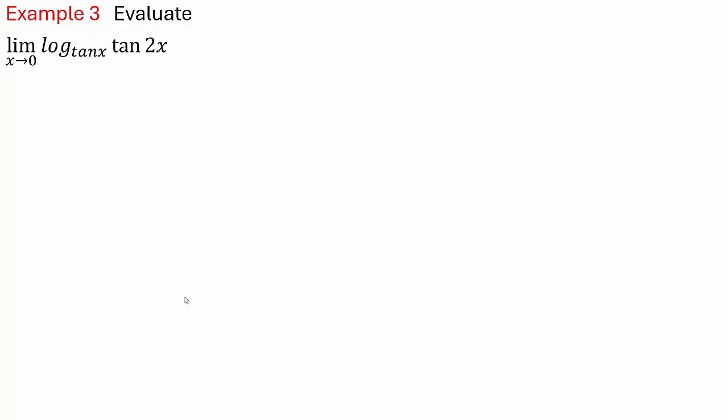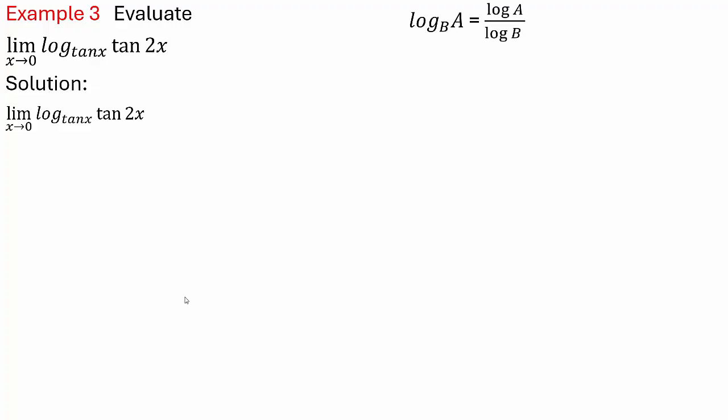Third problem: limit x tends to 0 of log of tan 2x to the base tan x. Here, we know the formula, log of a to the base b is equal to log of a divided by log of b.